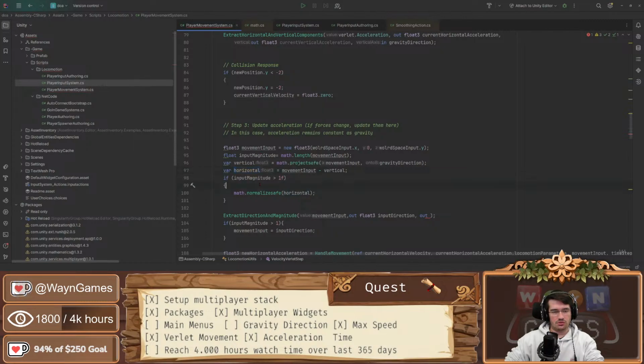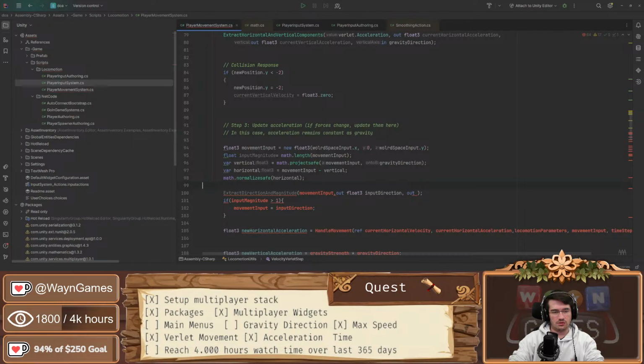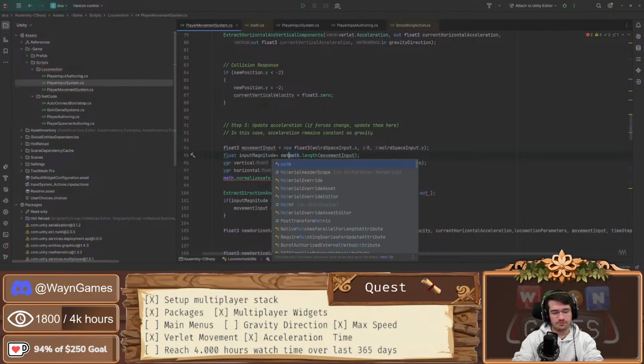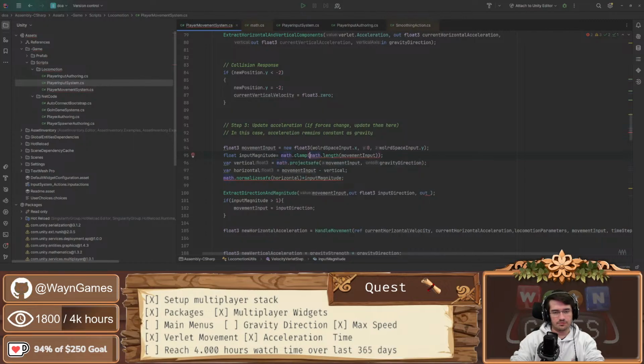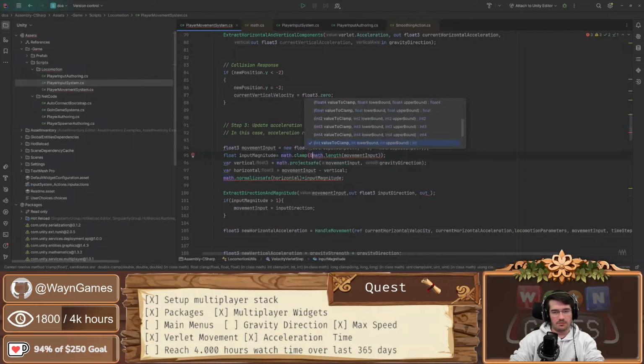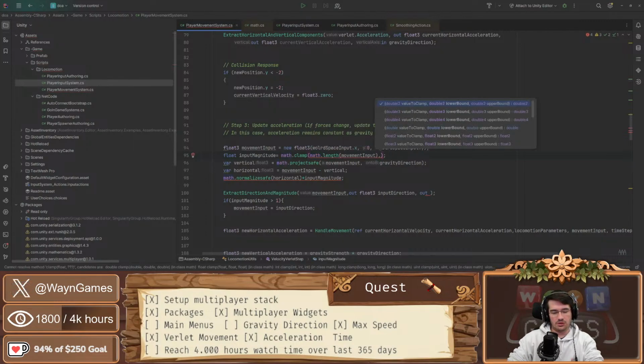So in fact, I should get this one normalized times the magnitude if the magnitude was clamped between 0 and 1.